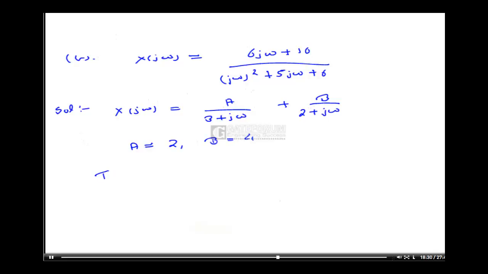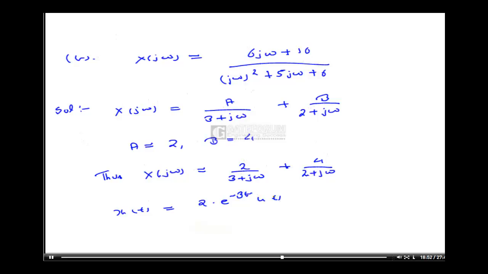Thus X(j omega) is equal to 2 upon (3 plus j omega) plus 4 upon (2 plus j omega). Getting the inverse Fourier transform x(t) from this is 2 e to the power minus 3t u(t) plus 4 e to the power minus 2t u(t).